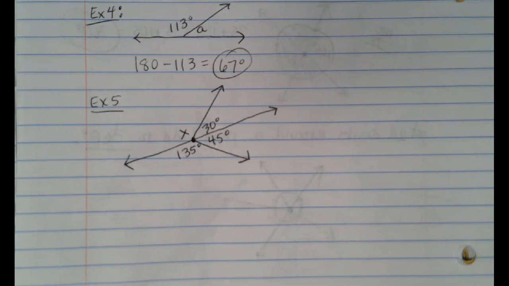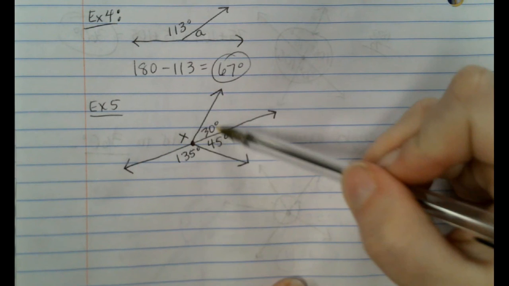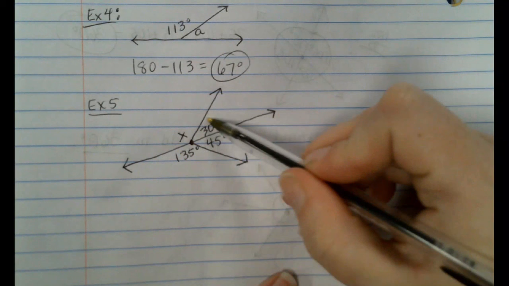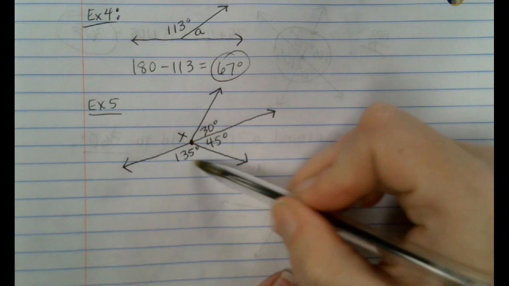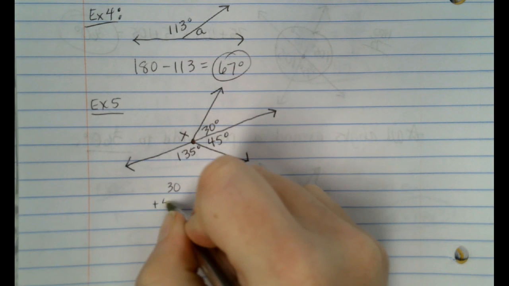Thoughts, ideas? There's a couple of ways we could do this. Okay, so that's one way to do it. We've got all these angles around this point, so we've got a full circle. So yeah, good. He says add it all up, meaning add these three up, right? Okay, so let's do that. 30 plus 45 plus 135.